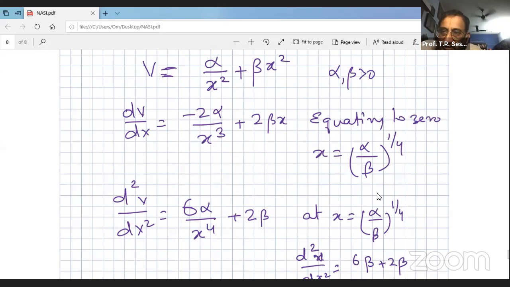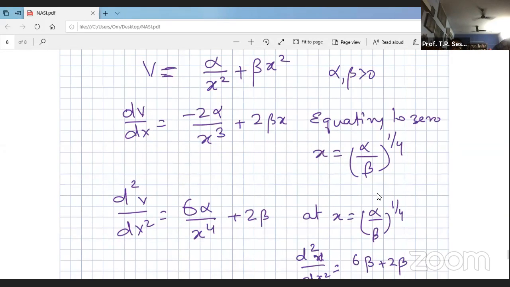Here I should actually mention one thing, and it's not completely clear. Now, if x power 4 is alpha by beta, then technically x square should be plus minus square root of alpha by beta. But square root of alpha by beta is positive. Now x square has to be positive. So minus of square root of alpha by beta is not admissible. So I can only have plus square root of alpha by beta, because x is a real quantity, so x square is a positive quantity.